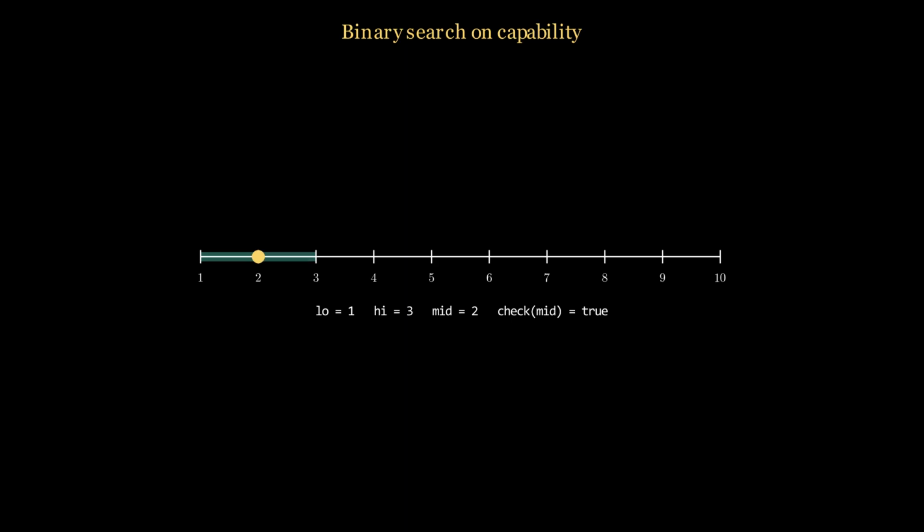Mid is 2. Check of 2 is true, so we set high to 2. Step 4, low 1, high 2. Mid is 1. Check of 1 is false, so we set low to 2. The minimum capability is 2, the smallest value for which we can rob at least k non-adjacent houses.